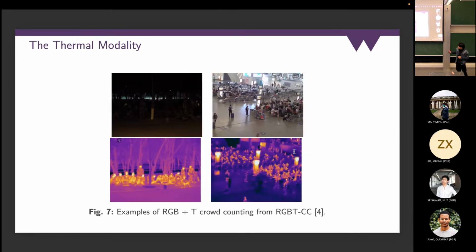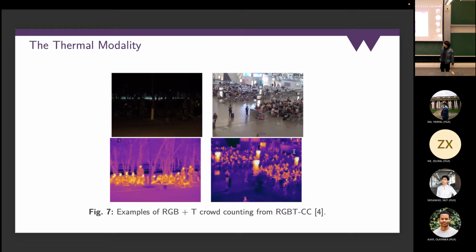And also the thermal modality is robust to illumination. For example, if you take a look at this image here, it's very dark. You don't know what's going on inside, right? But if you put on night vision goggles, you can see there is a special troop hidden in the jungle.